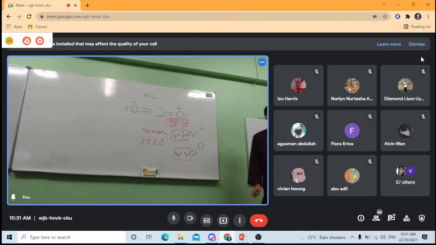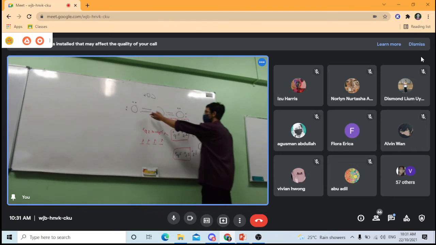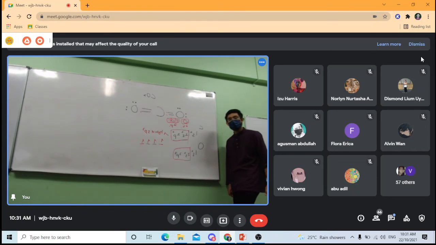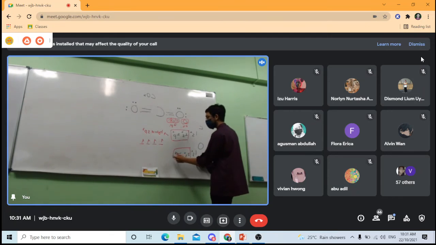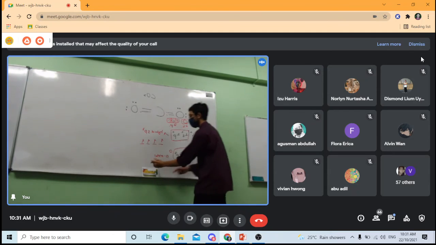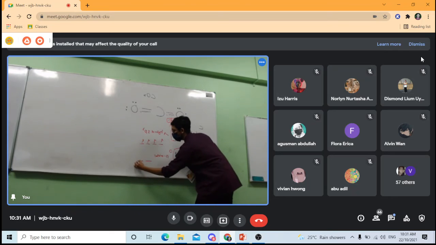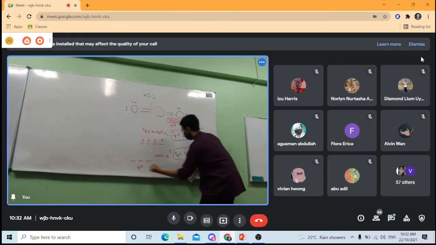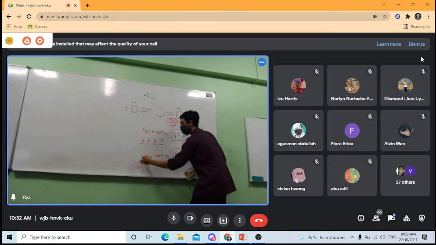But in this case, kita tak perlu cakap dia hybrid. Just cakap dia buat two bonds and it's complete, right? Because kalau you tengok P orbital untuk oxygen, we have 1, 2, 3, and we have 4 electrons there. 1, 2, 3, 4.